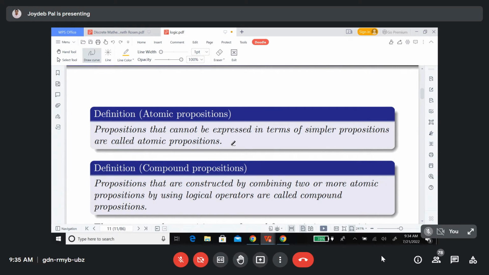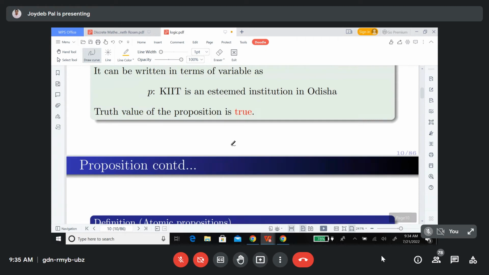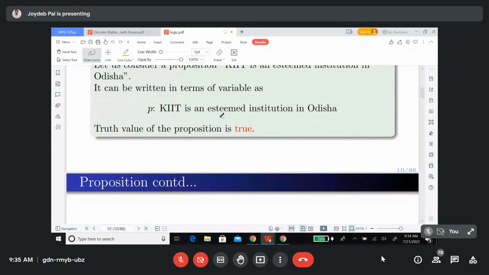I'm now showing. You tell me, KIIT is an esteemed institution in Odisha. What do you think? It is atomic or compound? Sir, compound. Atomic. कैसे फिर compound होगा तो कैसे लिखोगे? Sir, we can write KIIT is an esteemed institution and KIIT is in Odisha. ऐसे लिख सकते हो.